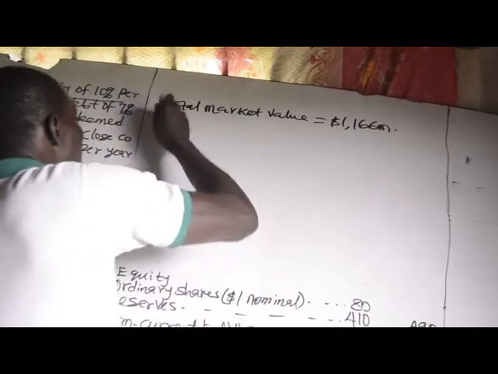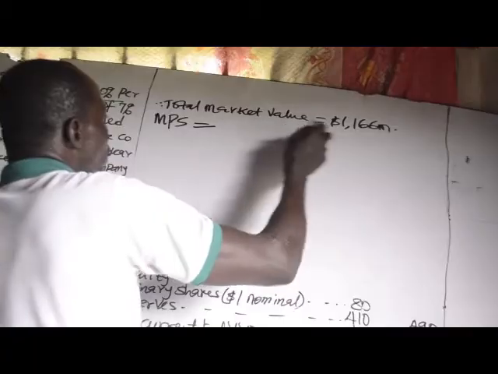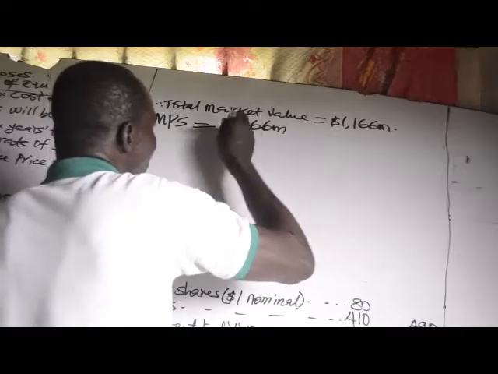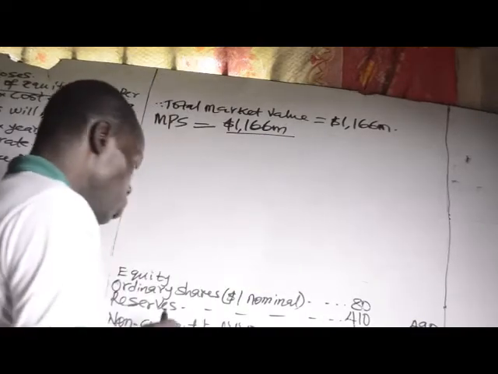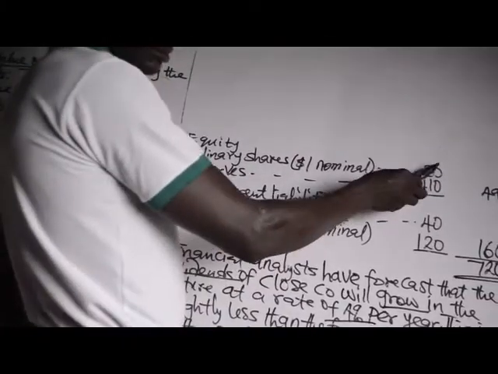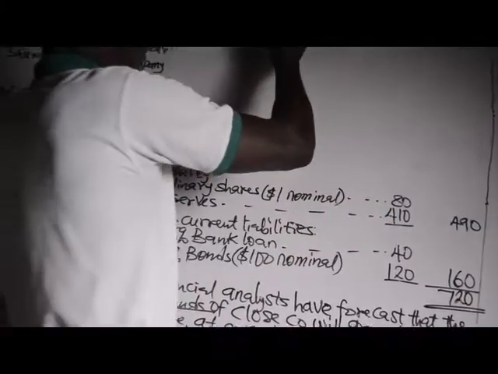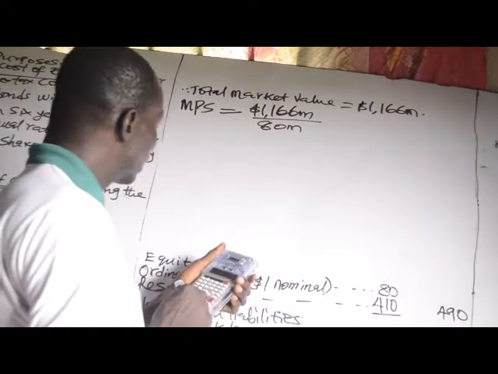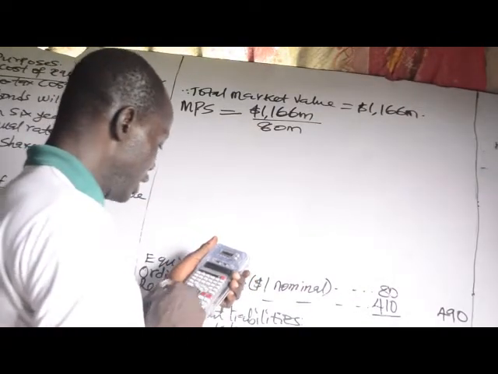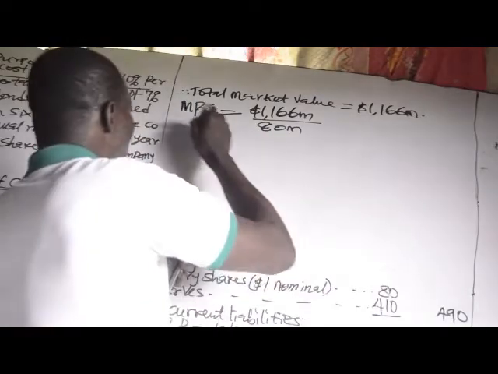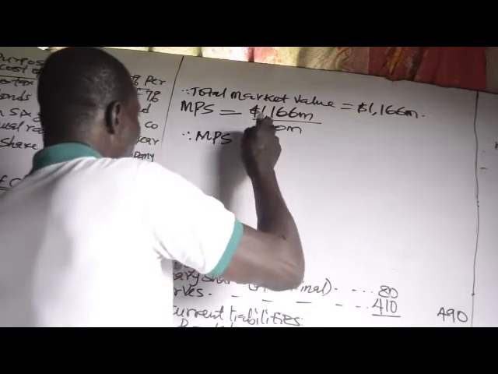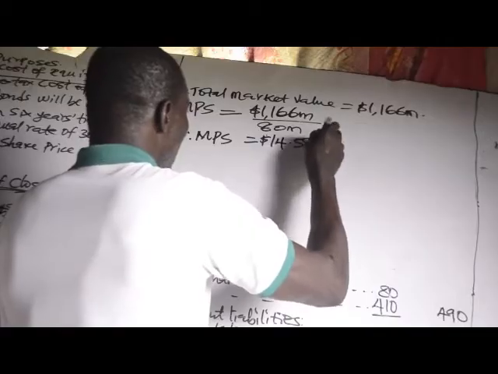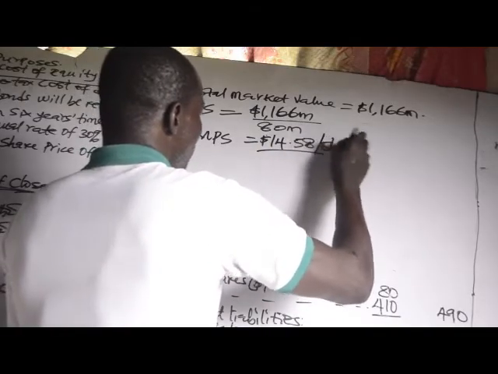Therefore, what will now be the market price per share of Closco? When you divide the total market value of 1,166,000,000 by the number of ordinary shares of 80 million, you have 14.58. Therefore, the market price per share will now be $14.58 per share.